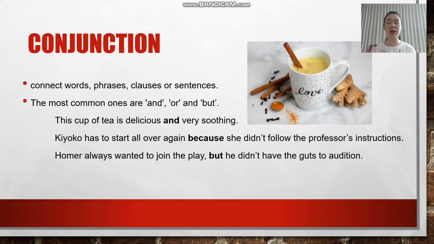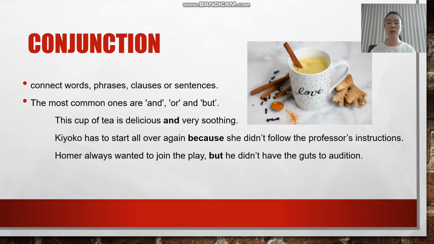They are the conjunctions that are commonly used, but I gave more examples like the word because. Anyway, you can see that in the first sentence, the words delicious and soothing are at the same level. That is the word level, or actually we can say the adjective phrase level.